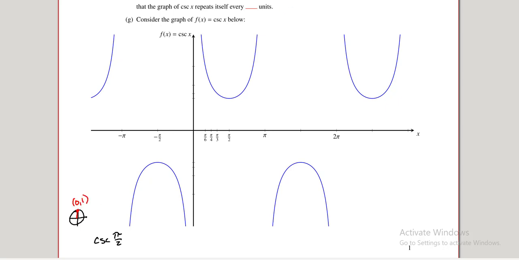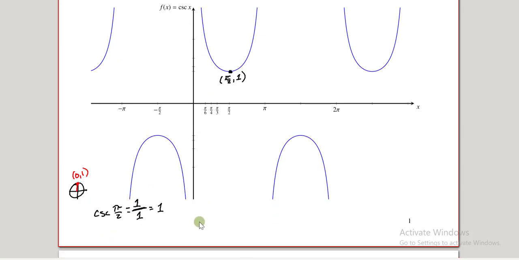So when it comes time to give the cosecant of pi over 2, we're going to give the ratio of the hypotenuse, or the r value on the unit circle, which is 1, divided by the y-coordinate on the unit circle, which in this case is also 1. And so we get that the cosecant of pi over 2 is 1. That means when we inputted pi over 2 into our cosecant trig function, we got out the output value of 1.